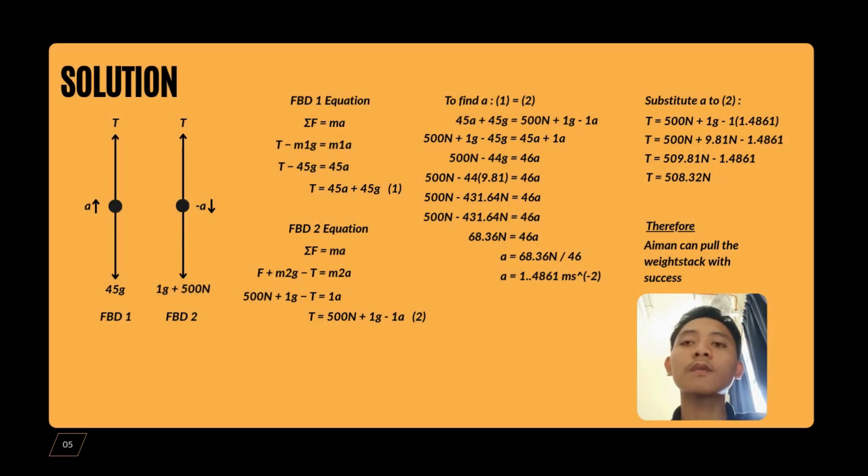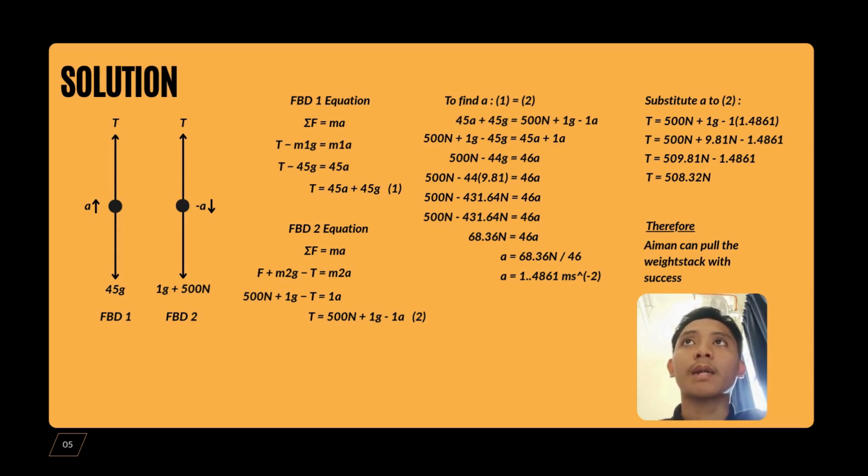For the solution, I would like to draw the free body diagrams first, which we have two: free body diagram 1 for the weight stack and free body diagram 2 for the pulling force applied by Aiman. Then, based on the free body diagrams, we formulate the equations using the formula total force equals mass multiplied by acceleration.